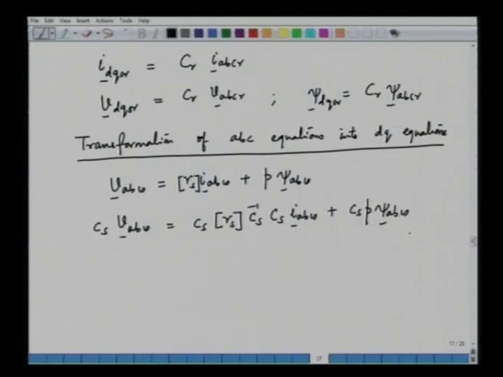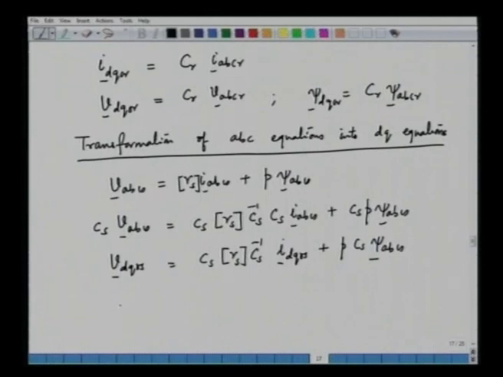Okay, and the left hand side will be VDQOS, that is equal to CS RS CS inverse, right hand side in this case would be I DQOS, because this is CS into IABCS, that is IDQS, and CS being constant, it can be taken inside the derivative term. So, we can say here that is P CS psi ABCS.